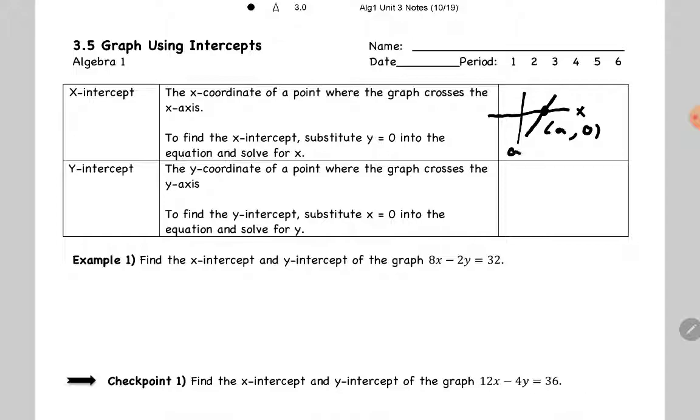So a is the x-intercept, and your y coordinate is 0.